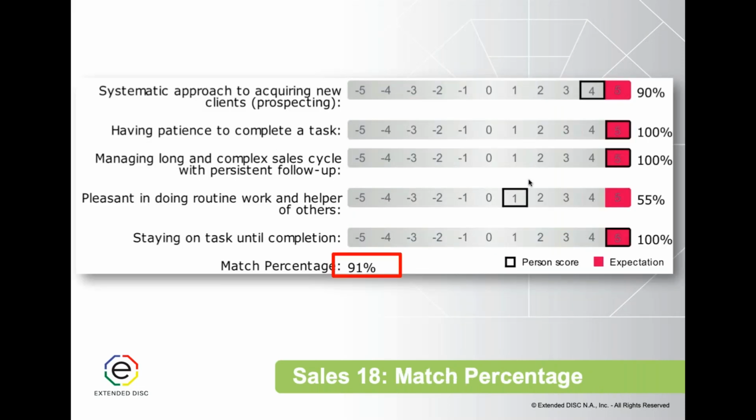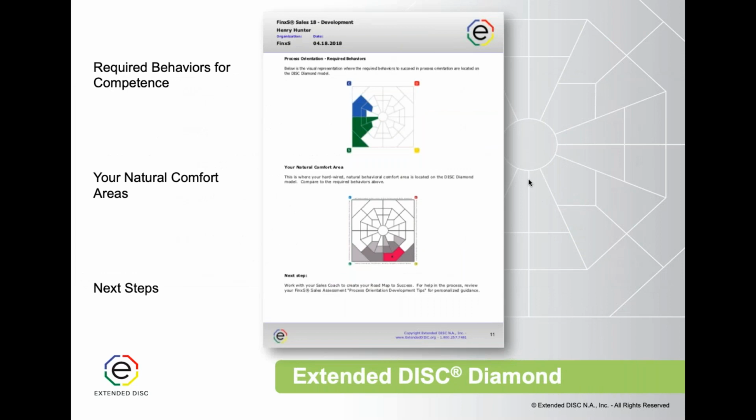There is, however, an optional section that I wanted Marku to cover briefly for those of us that are familiar with DISC and comfortable using it. Yeah, we have an additional page for all of those 18 areas that shows the required behaviors for a particular area. Here we are looking at process orientation.